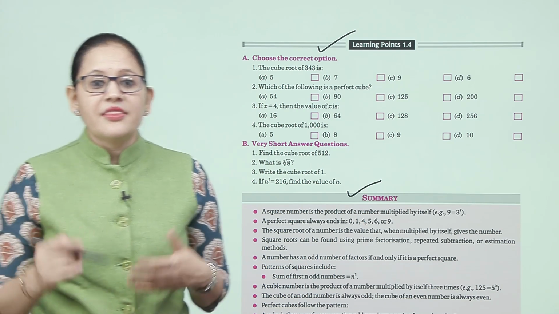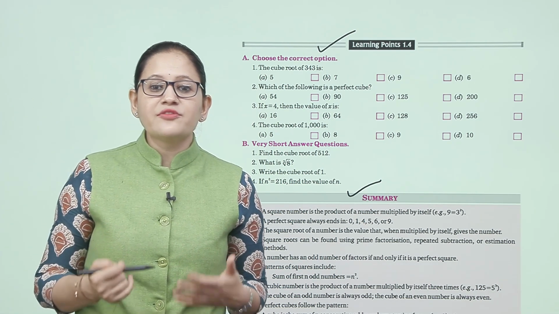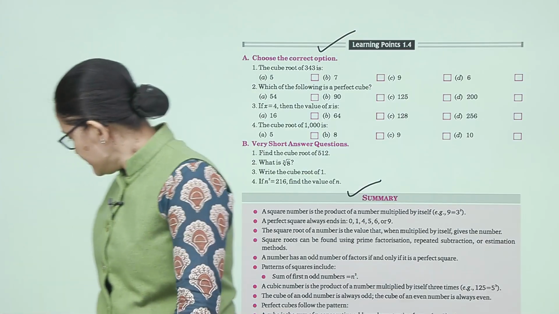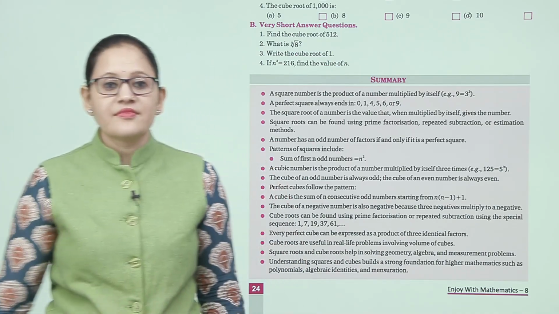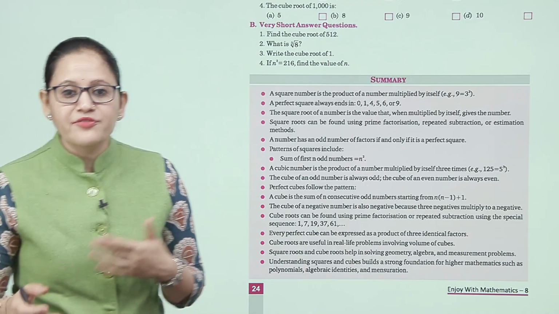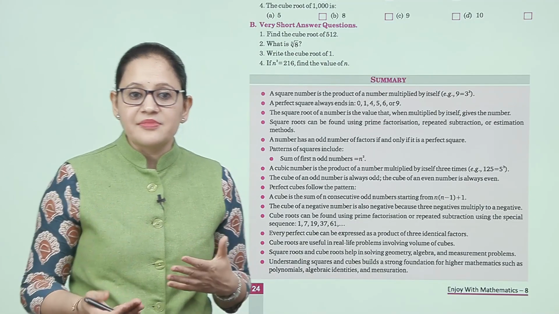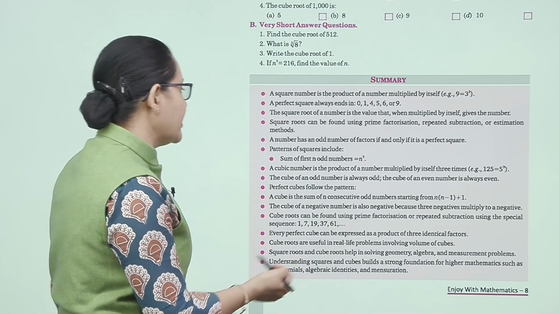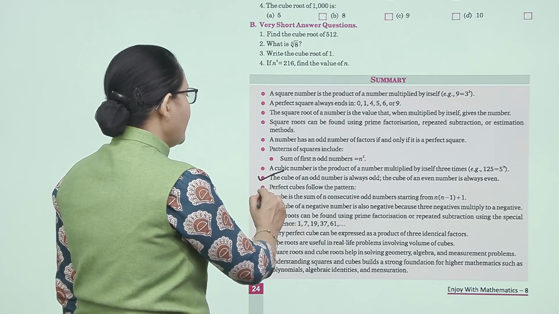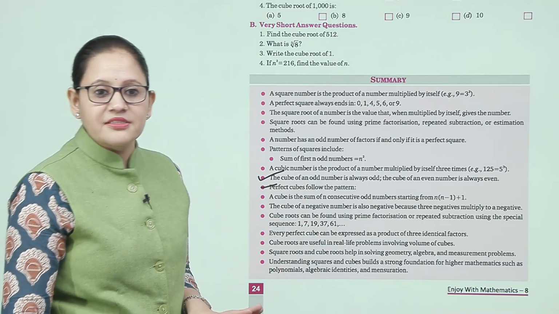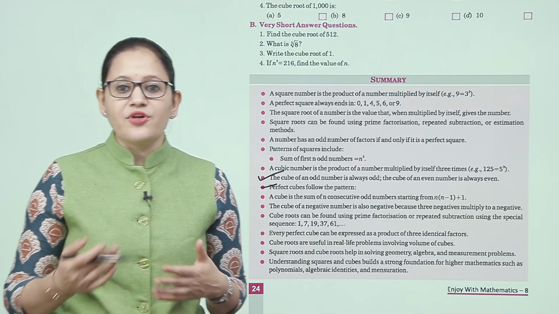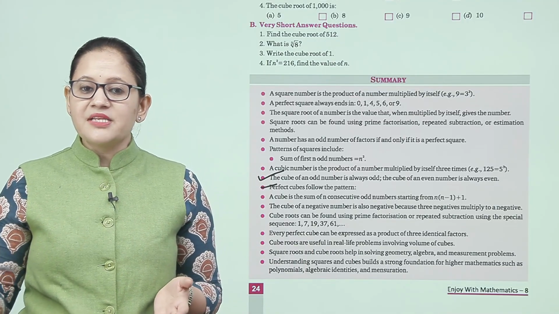Now, a cubic number is the product of a number multiplied by itself 3 times. The cube of an odd number is always odd and the cube of an even number is always even. Perfect cubes follow a pattern: a cube is the sum of consecutive odd numbers starting from n multiplied by n minus 1, plus 1.